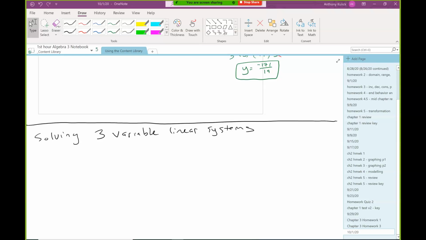So this first example that we'll do both ways. We'll do as a substitution problem and also as an elimination problem. And then we'll decide which one we think is going to be the easier method. Sound okay? Okay.